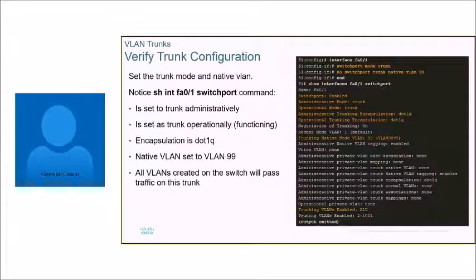Okay, verify trunk configuration. Again here we've got switchport mode trunk, and no switchport trunk native vlan 99, so we've actually taken it back to VLAN 1. Then show interface, and it shows trunking mode, VLAN 99.